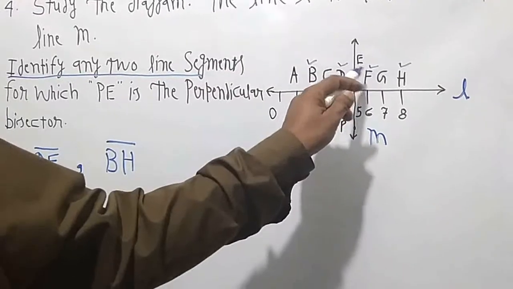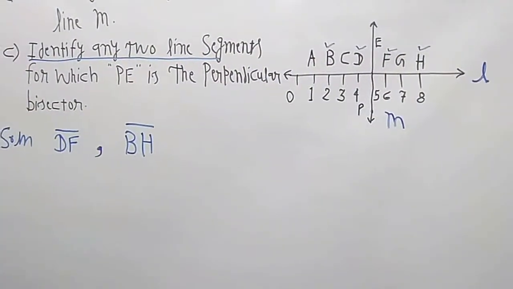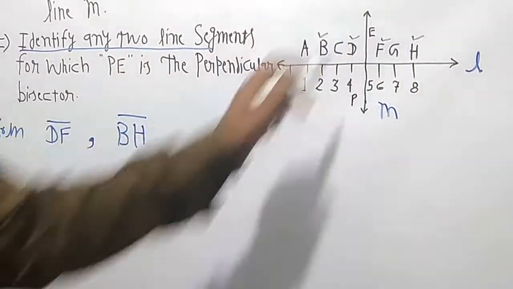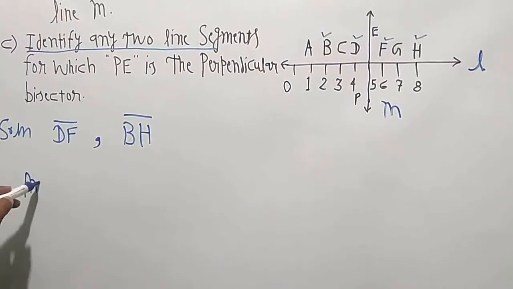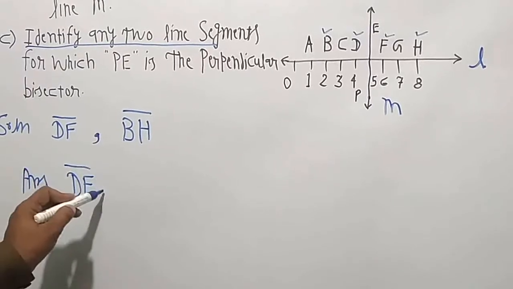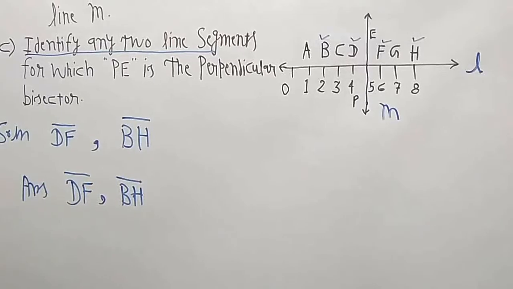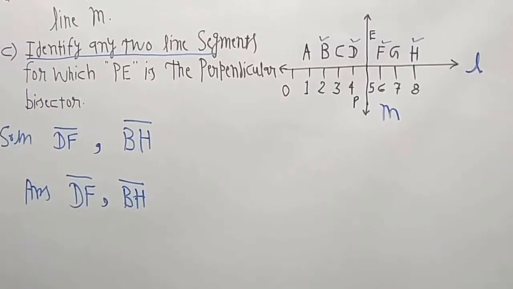Here E to F, F to G and G to H, there are 3 units. So this is our answer: DF and BH are the two line segments for which PE is the perpendicular bisector.